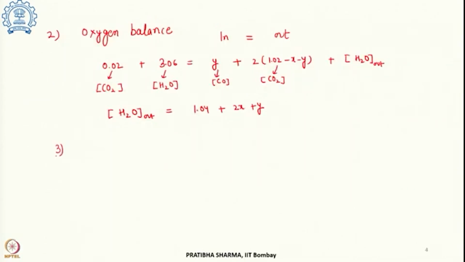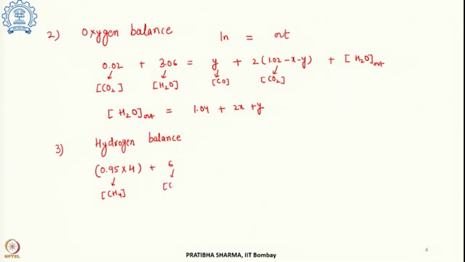Now the third material balance we will do for hydrogen. From methane, it is 0.95 on the reactant side and there are 4 hydrogen atoms to it. So 0.95 into 4, this is arising from the methane in the reactant. Then there is ethane present on the reactant side.